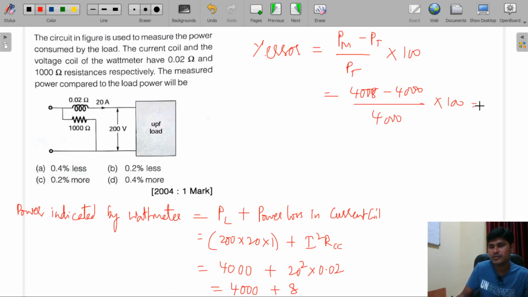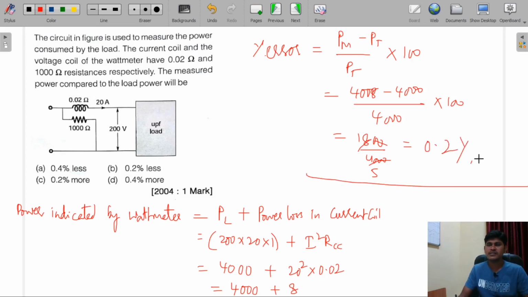That is 8 by 4000, which is equal to 800 by 4000, which is 0.2 percentage.